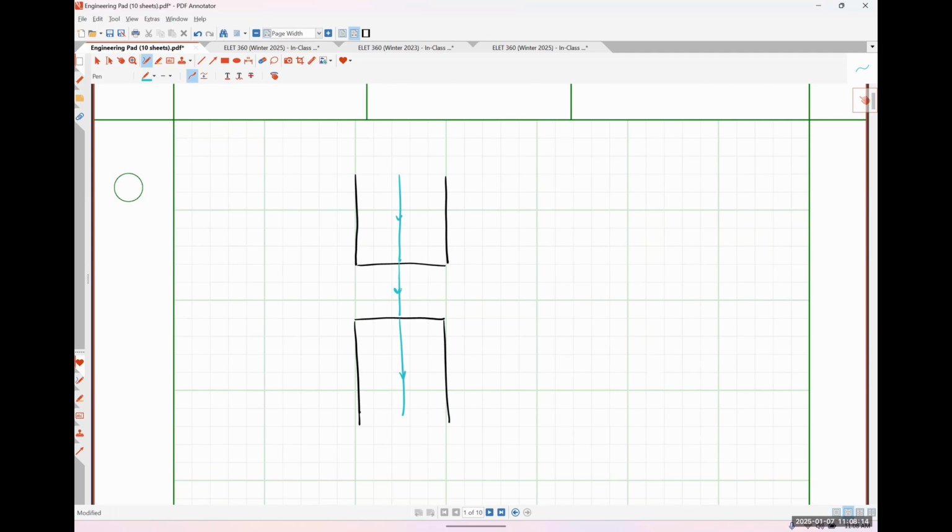But as we get away from the center, effectively what this air gap is allowing to happen is for our flux, or our magnetic field lines, to kind of spread out. So we're going to have something like this over here. Same thing on this side.